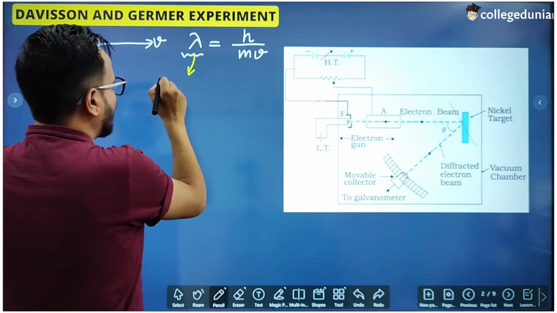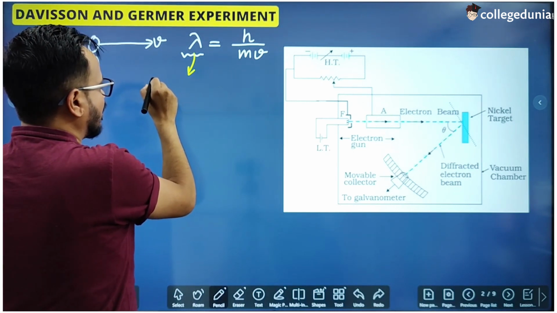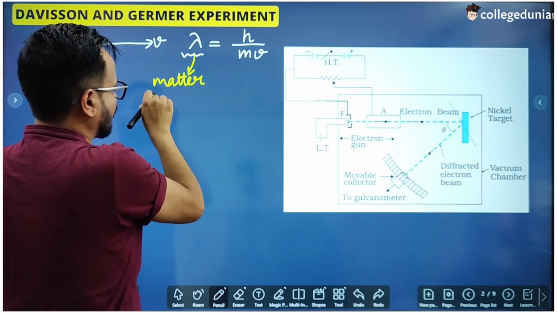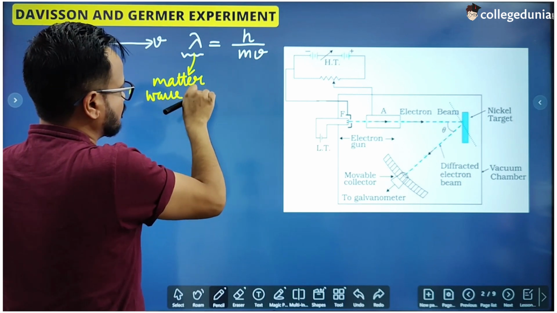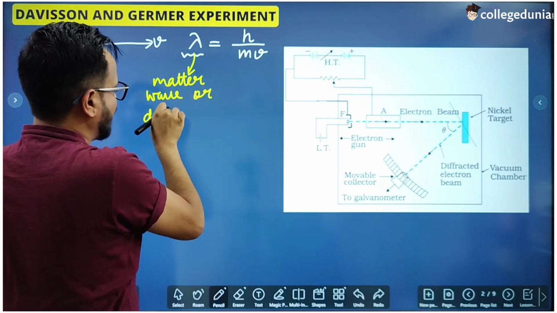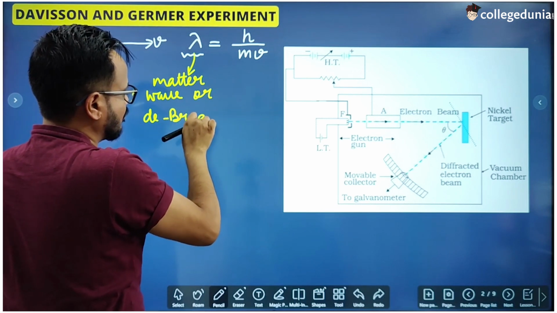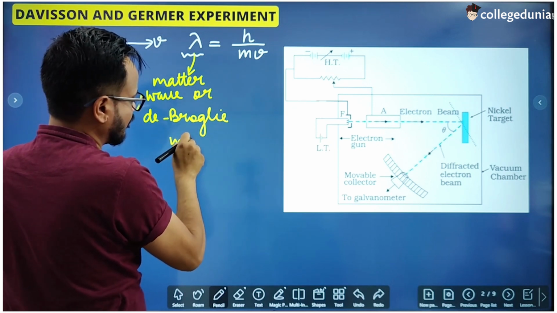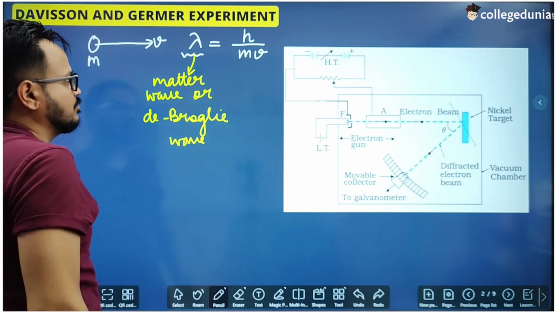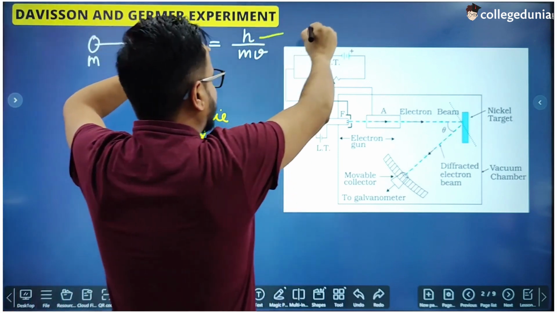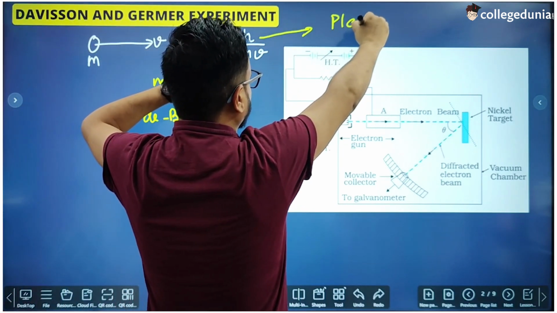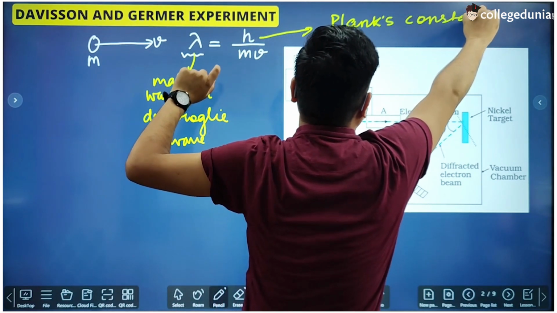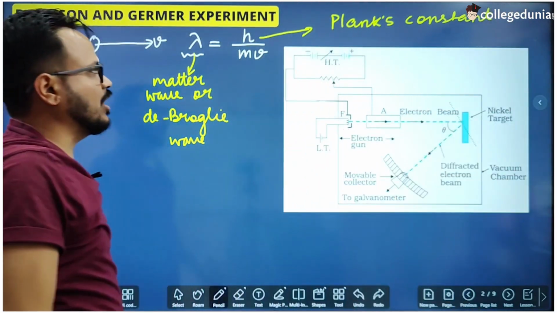The name of this wave was given as matter wave or de Broglie wave, named after de Broglie. Here h is Planck's constant and m is the mass and v is the velocity of the body.